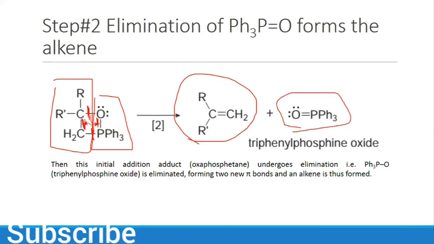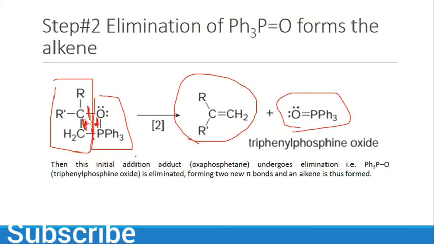Then this initial addition product undergoes elimination, and our byproduct, triphenylphosphine oxide, is eliminated, forming two new pi bonds, and an alkene is thus formed. So one pi bond is with oxygen and phosphorus, a double bond, and one pi bond is with carbon-carbon. So this is also a double bond.